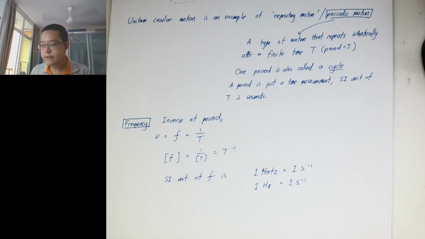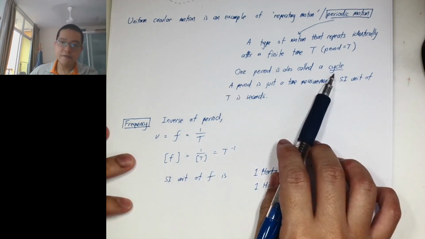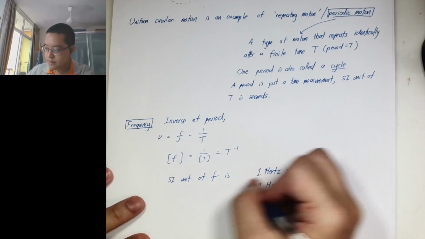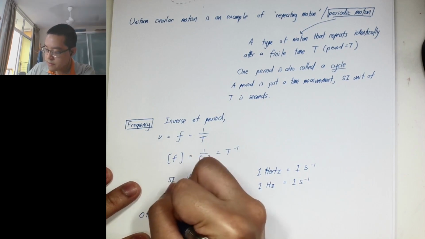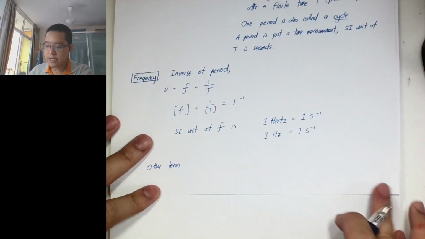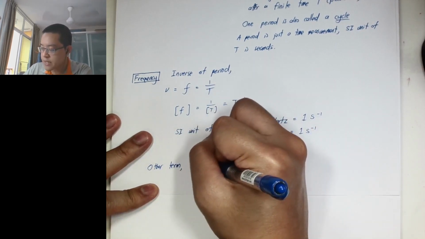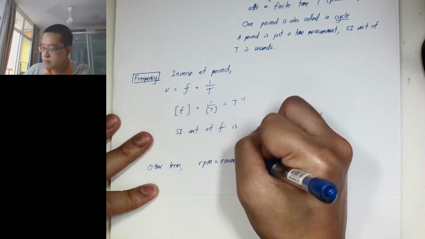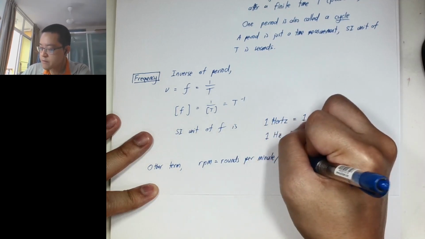So we have talked about period, frequency, and the different words for one period. Other terms that you might also see in most books, online, or lecture notes is the unit RPM. RPM is rounds per minute, or revolutions per minute.